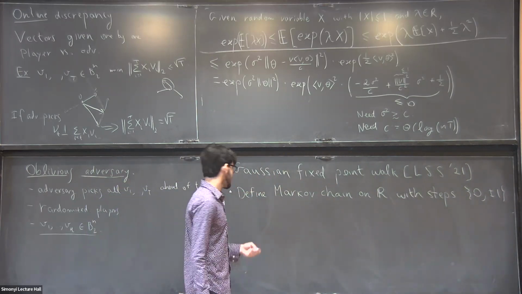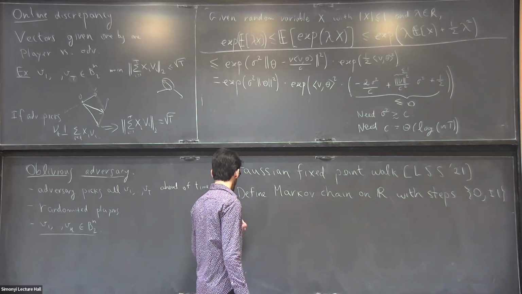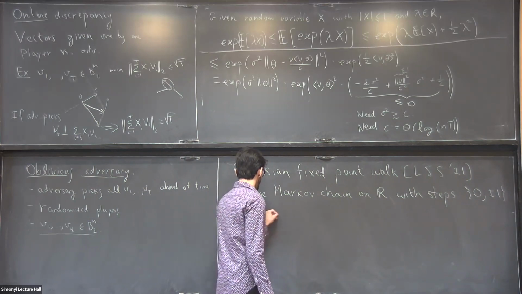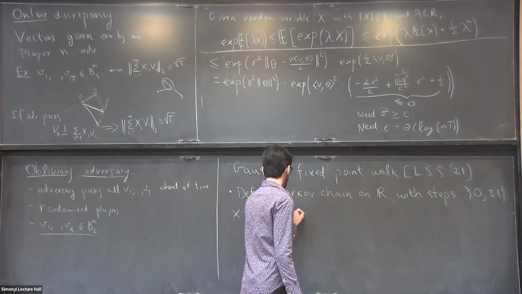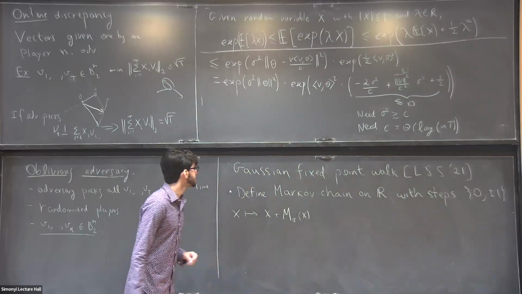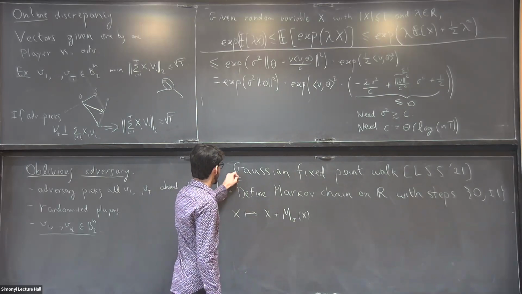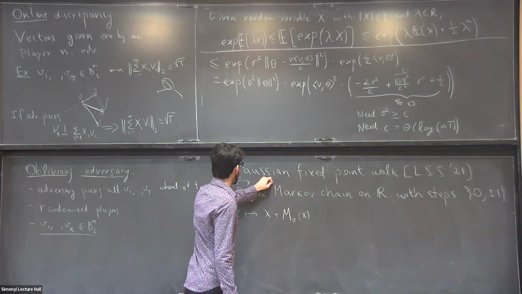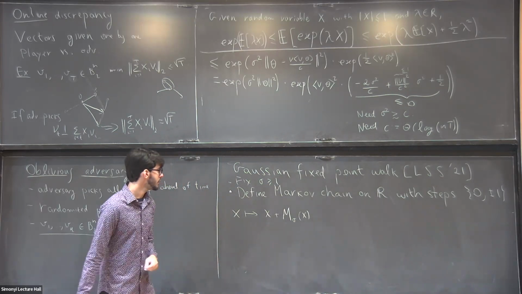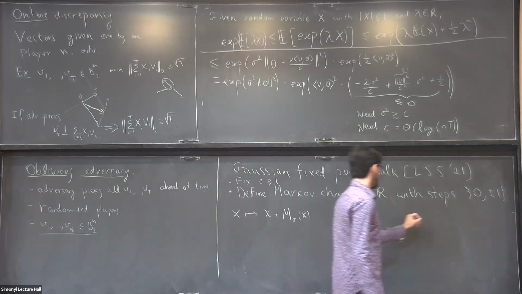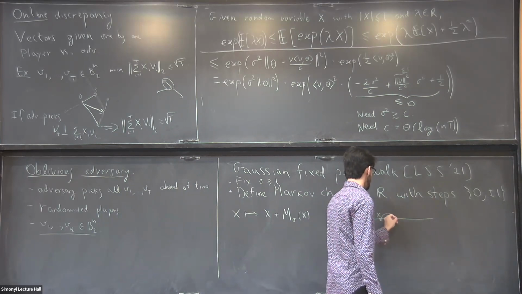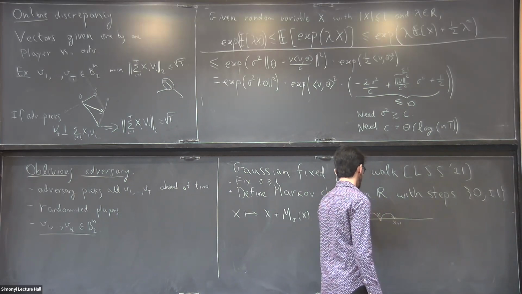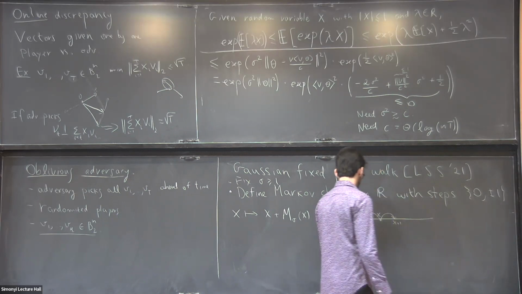The notation I'm going to use is, I'm at X, then I go to X plus some Markov chain step. There's going to be some parameter sigma. The picture looks like this. I'm at some position X. I either go to X plus 1, X minus 1, or I stay put.